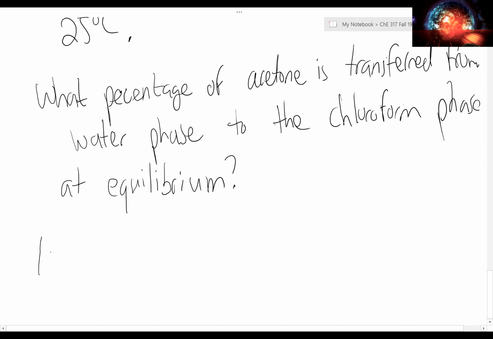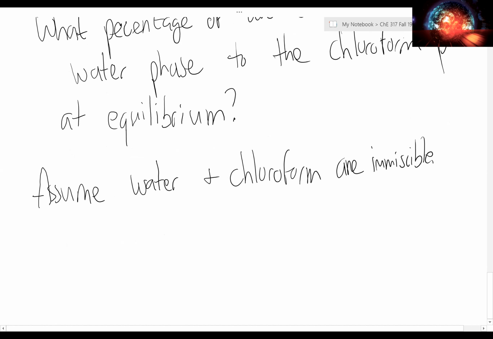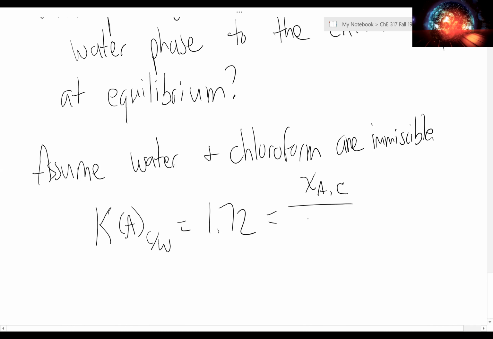If we are going to assume water and chloroform are immiscible, and the K value of acetone, chloroform over water, is 1.72, which equals the mass fraction of acetone in the chloroform phase over the mass fraction of acetone in the water phase.